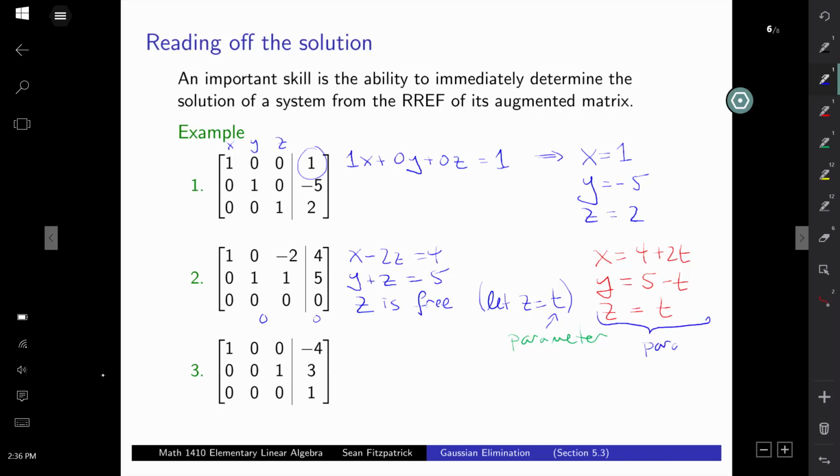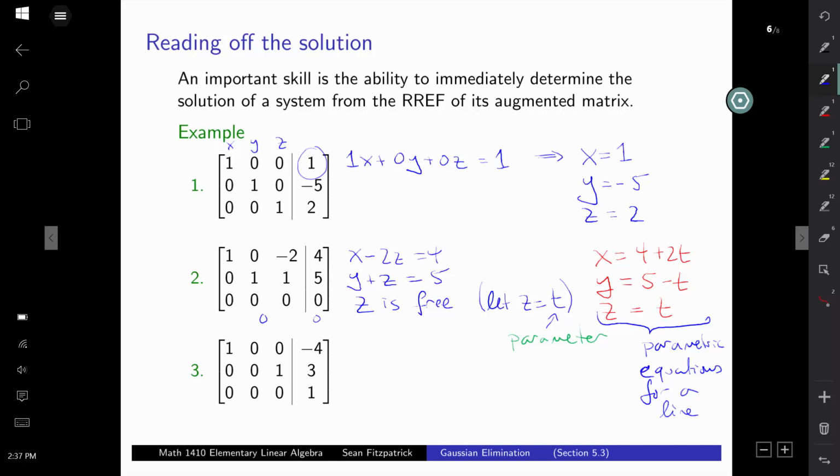And you can understand why we might call this thing a parameter, because what you have here are parametric equations for a line, right? Remember, it's a line that passes through the point (4, 5, 0) with a direction vector of (2, -1, 1). So that's a line in 3 dimensions.